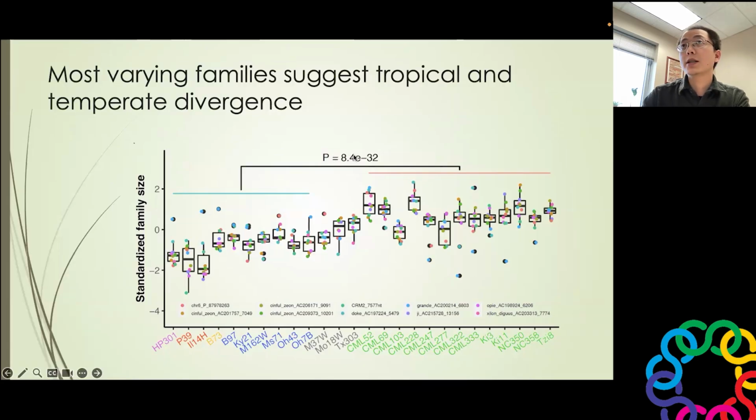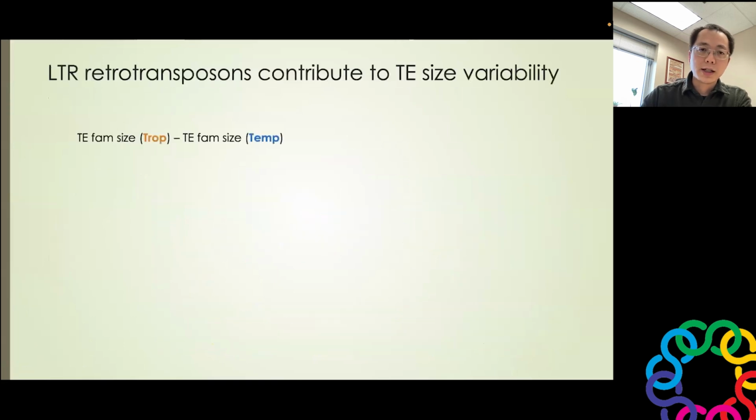It's very significant. So with this, we further construct a very simple number using the family size average in tropical minus the family size average in temperate to see how much is the variation.